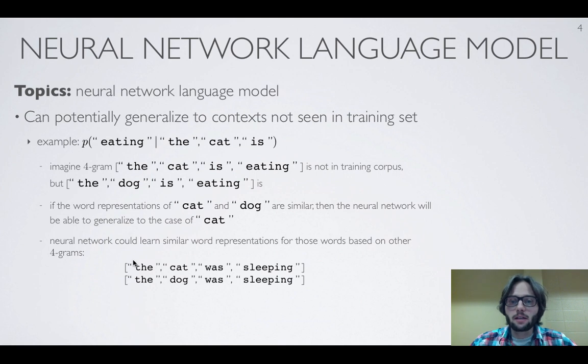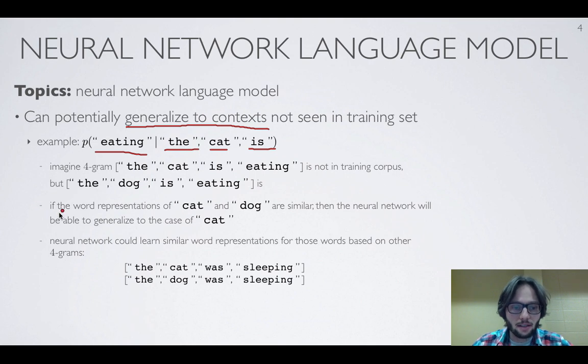Now, the reason why this model is better at fighting the data sparsity problem for large n, for large context sizes, is that the neural network is actually potentially able to generalize to contexts that have not been seen in the training set. So here's an example to illustrate why. Imagine that we wanted to evaluate the probability of seeing the word eating after seeing the words the cat is.